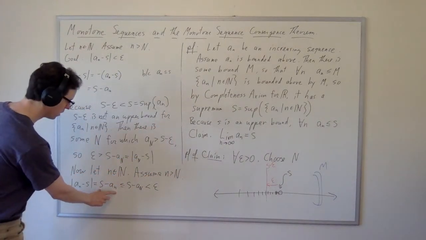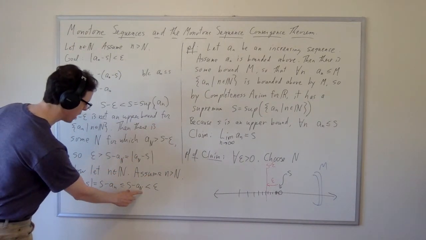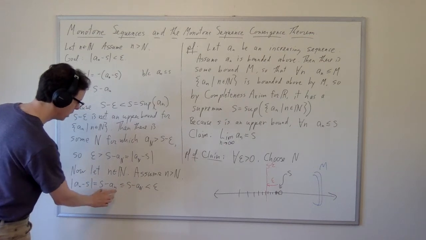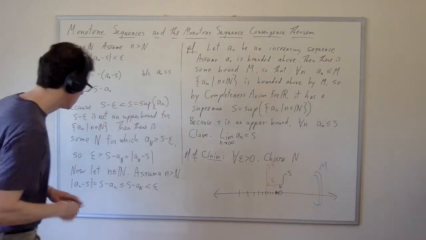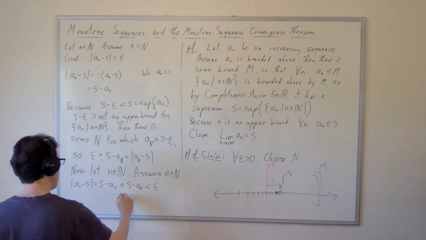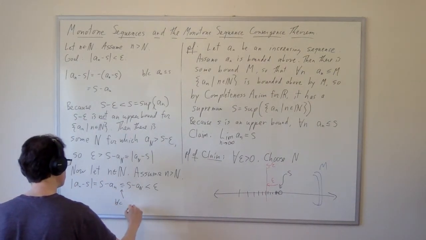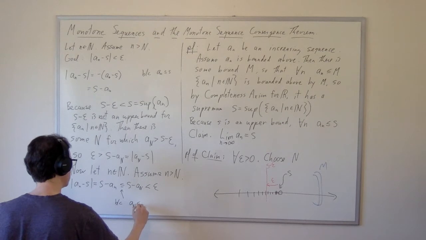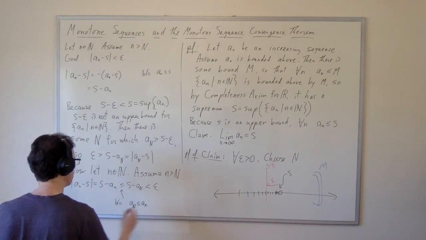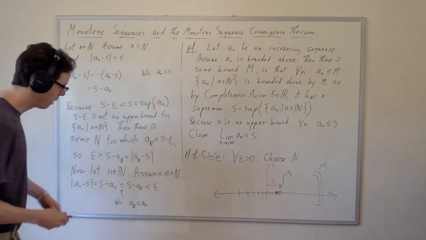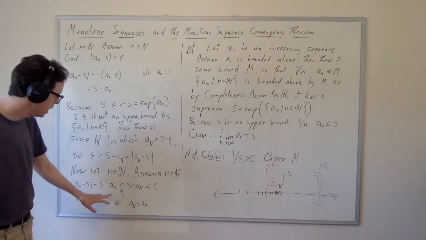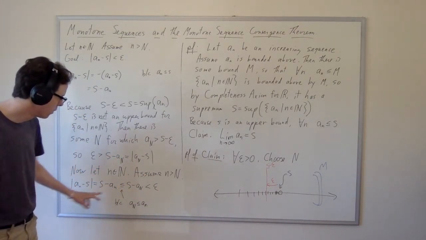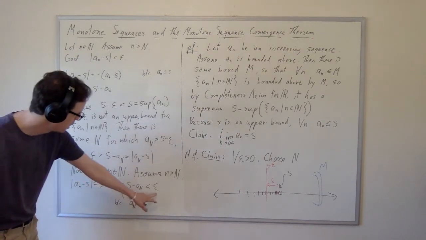Here we are subtracting the larger, here we are subtracting the smaller, and so this one is less than this. So a sub cap N is the lesser and a sub little n is the greater value in this sequence because little n is farther down. And so that gives us this inequality, which gives us a sub n minus s is less than epsilon.